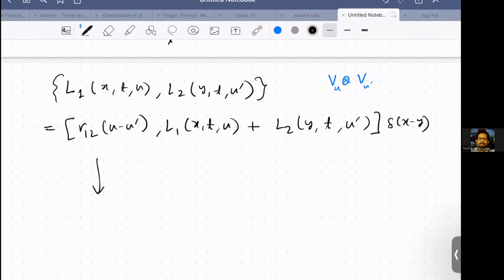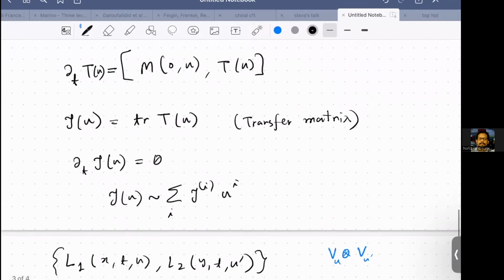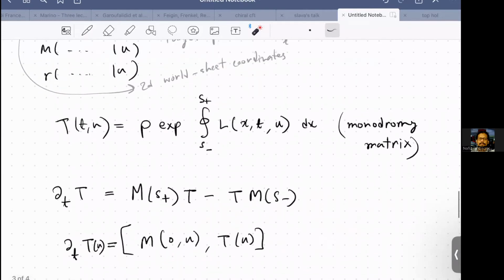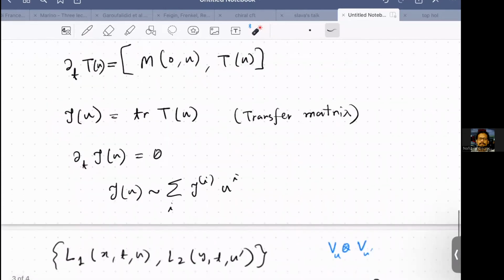So one consequence of this equation is for the Poisson bracket of the transfer matrices. Recall that the transfer matrix was the trace of the monodromy matrix T, where T was this path ordered exponential of our Lax operator.